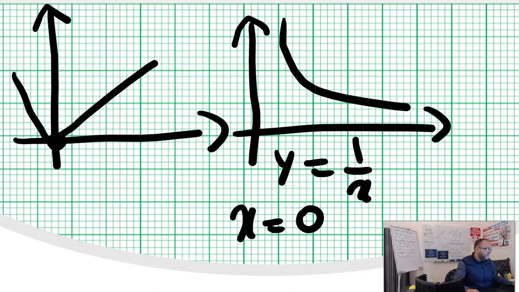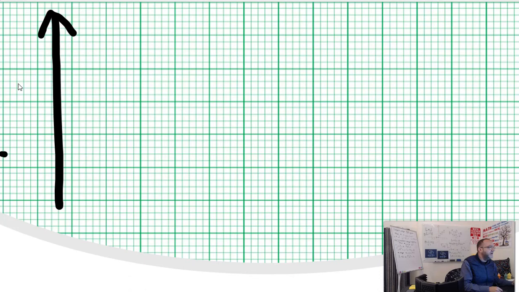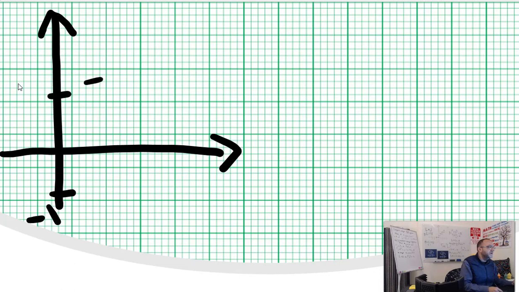Another example would be the sinusoidal functions, which means y equals sine of x and y equals cosine of x. You know that your interval is between -1 and +1.